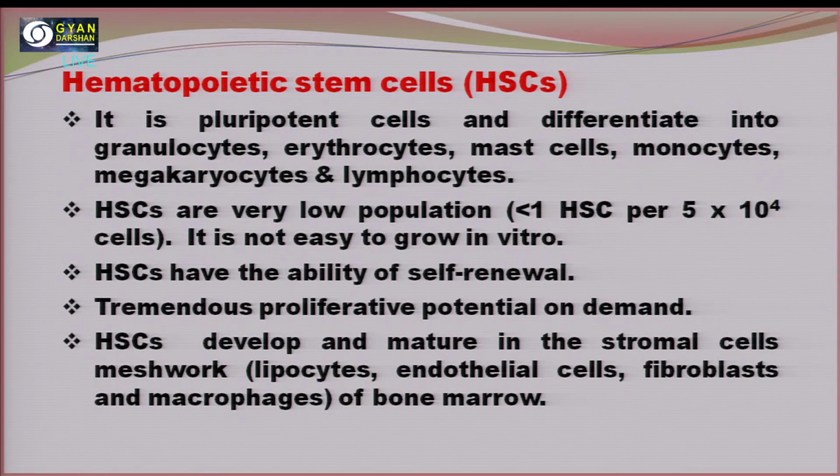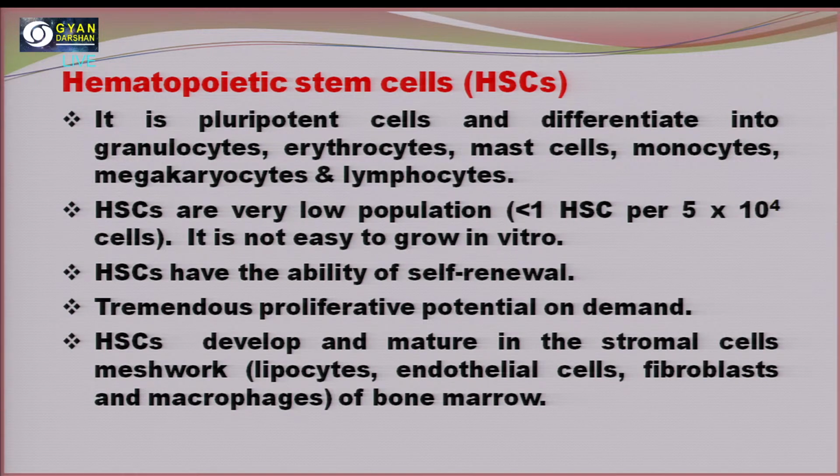HSCs are a very low population, less than 1 HSC per 5 times 10 to the power 4 cells. It is not easy to grow them in vitro. It requires a number of things, and different conditions, to grow them.